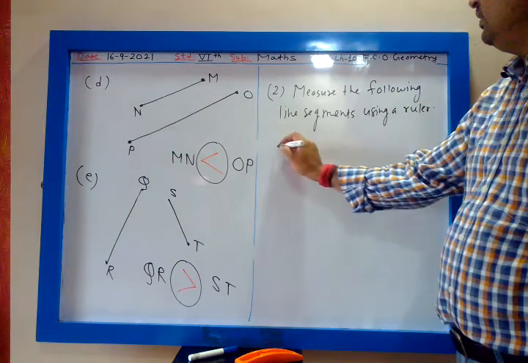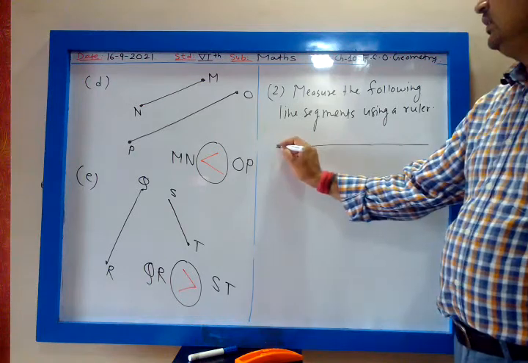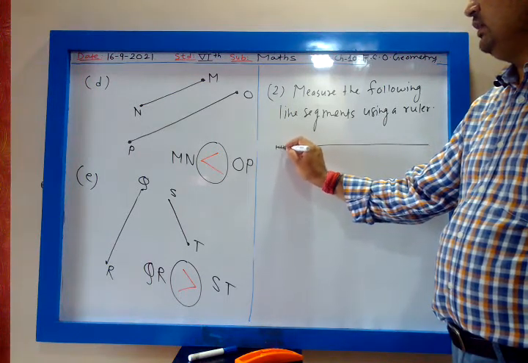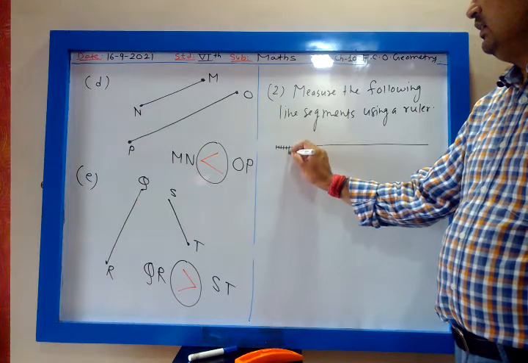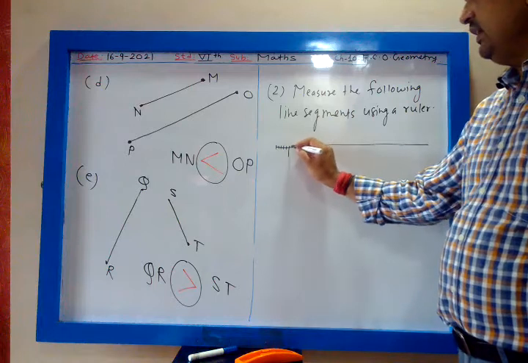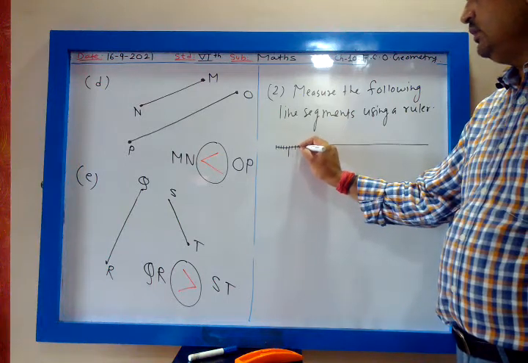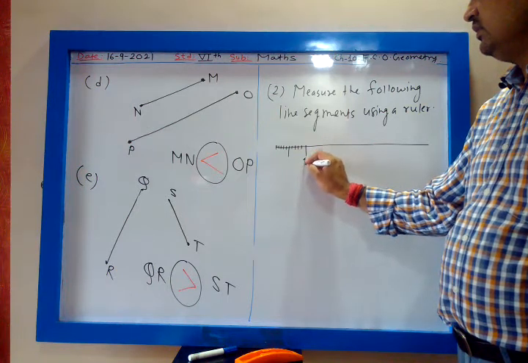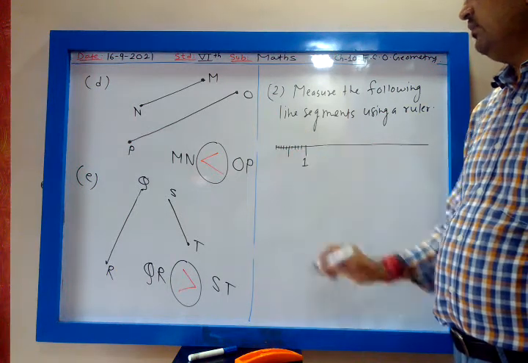Okay, you have seen the ruler. This is 0. Then 1, 2, 3, 4, 5. There are 5 bigger lines. After 5 again 1, 2, 3, 4, 5. This will be your 1. Yes or no? So 10.